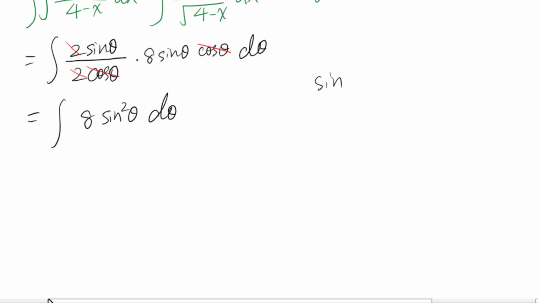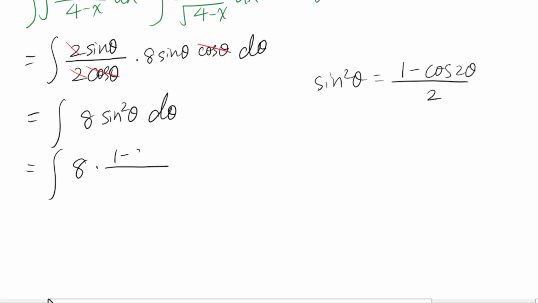We know sine squared theta equals 1 minus cosine 2 theta over 2. So we get the integral of 8 times 1 minus cosine 2 theta over 2 d theta. Reduce again.